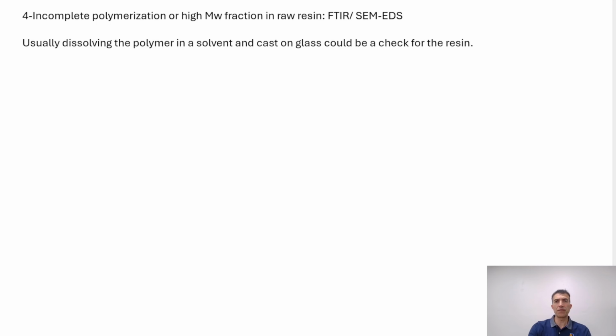Again, you can use FTIR or SEM elemental analysis to see what that specific gel point is, and FTIR or SEM would be able to tell you that this is a high molecular fraction, or an incomplete polymerization, meaning the chemical composition is different from the rest of your polymer, and it will not melt with the heating profile or the shear rate profile that you have. And then you have to use other methods either to filter or reject that lot.